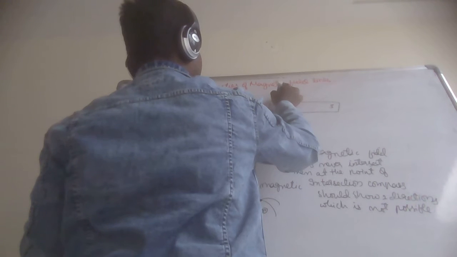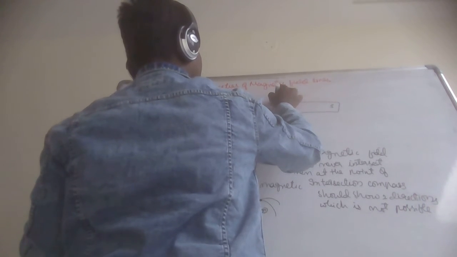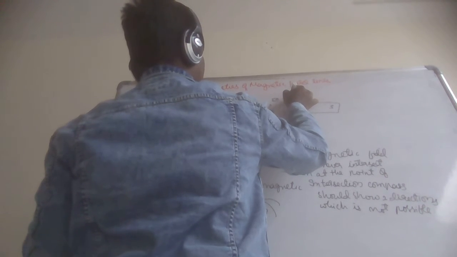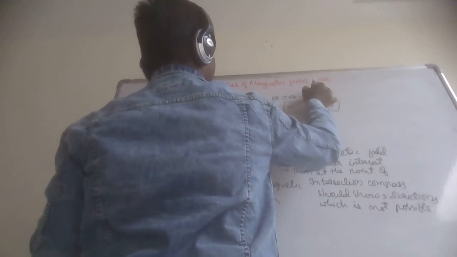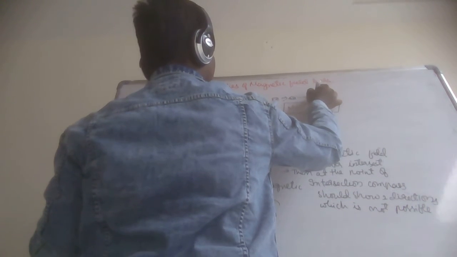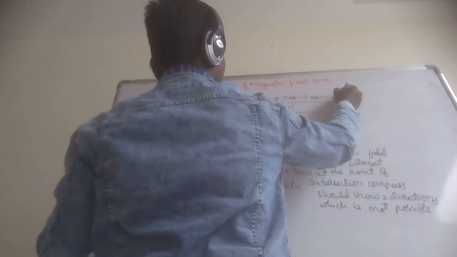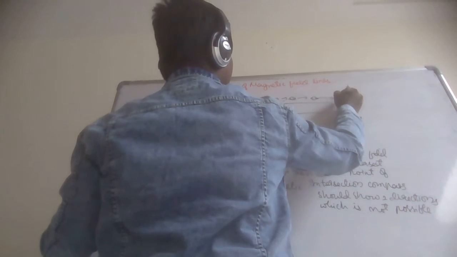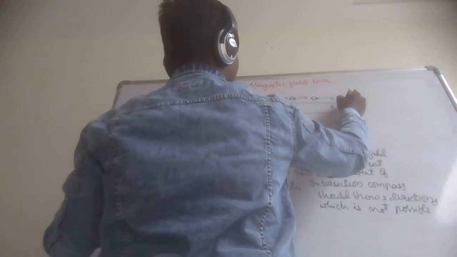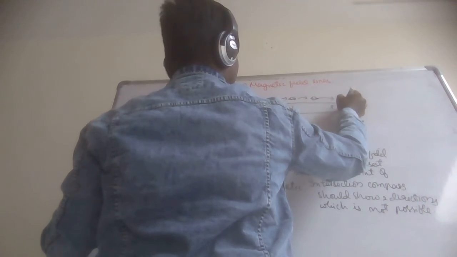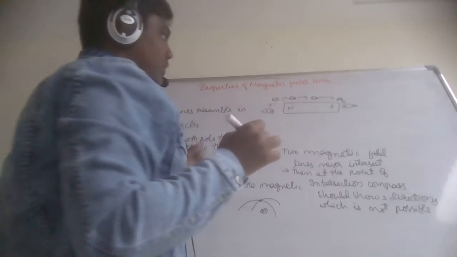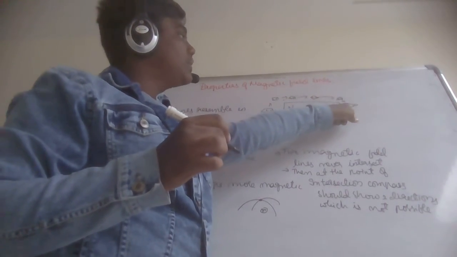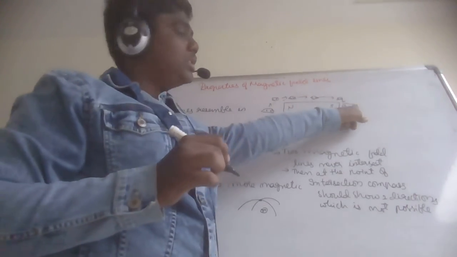So the compass would be south north, then again deflection, south north, again deflection, south north, again here south, here north. And again, if you see north south, it would be forming south and north, because here we are having the south pole, right? South pole repels, so they form in this manner, south north.